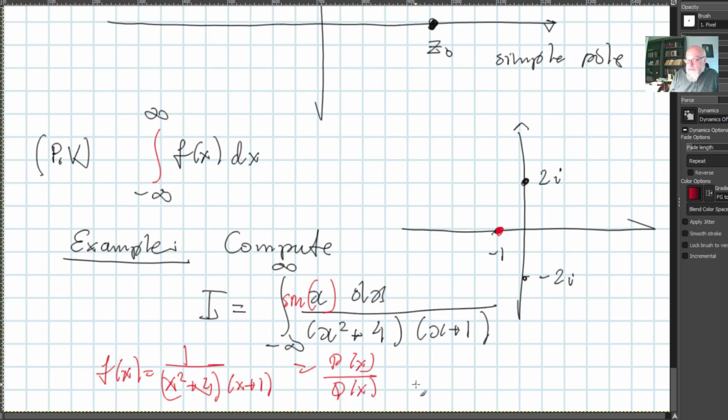The denominator is not different than 0 for x real, so that assumption is violated.